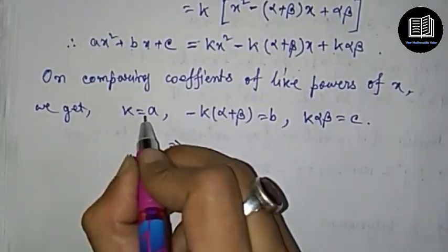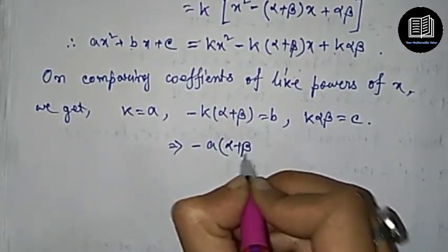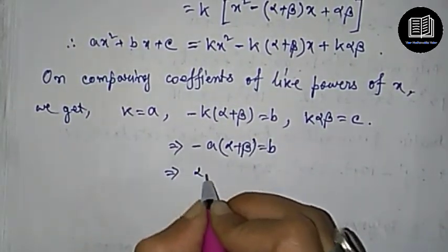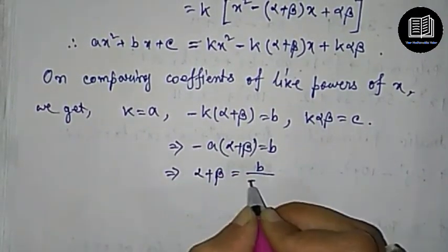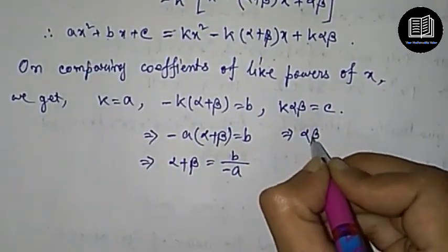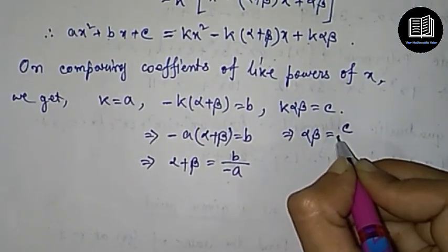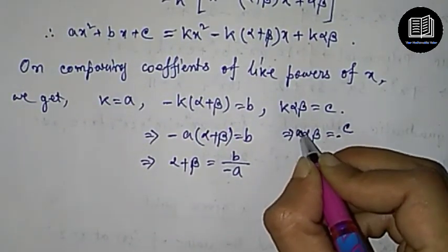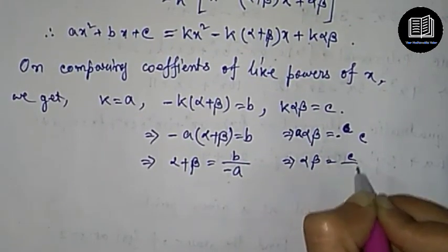Now put k equals a here: a into (alpha plus beta) equals minus b, that is alpha plus beta equals minus b by a. And here, put the value of k, a, so a alpha beta equals c, that is alpha beta equals c by a.